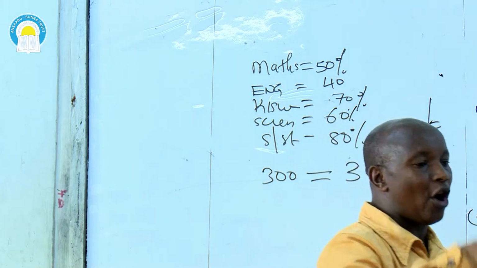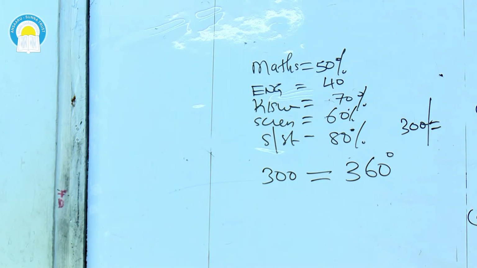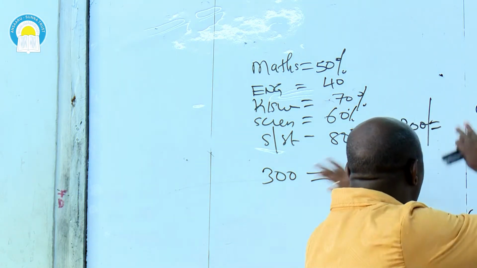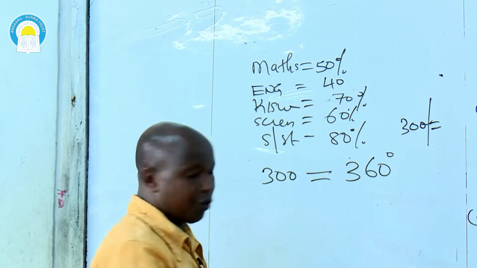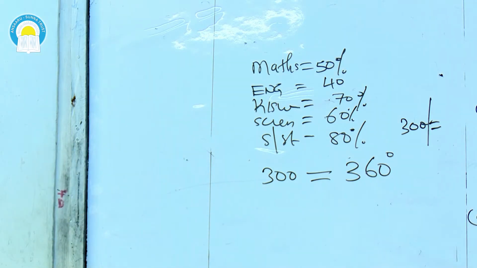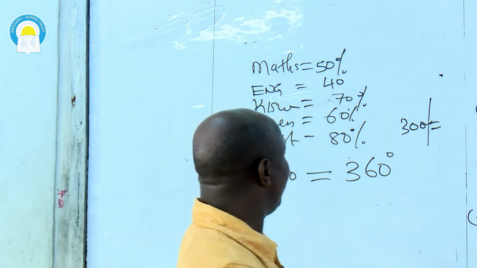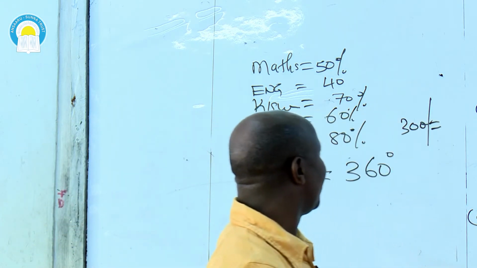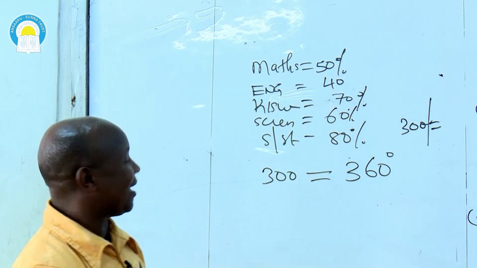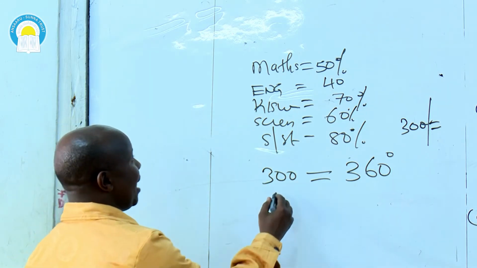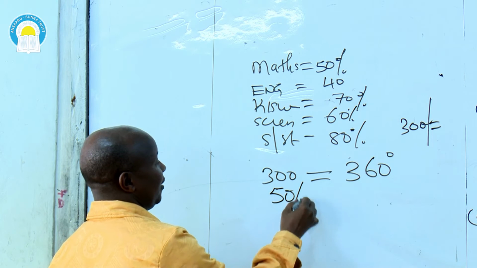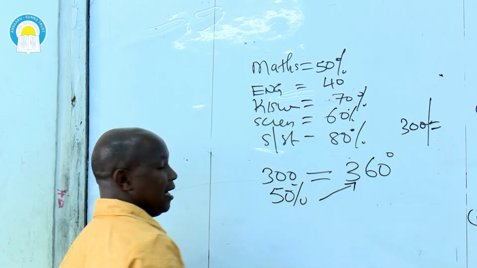Because we will present all the marks in a pie chart, and a pie chart has a total of 360 degrees. So all the marks should be equivalent to 360 degrees. That's why we say that 300 marks should be equal to 360 degrees. So now, what about the percentage of mathematics? What about 50? To be how many degrees?